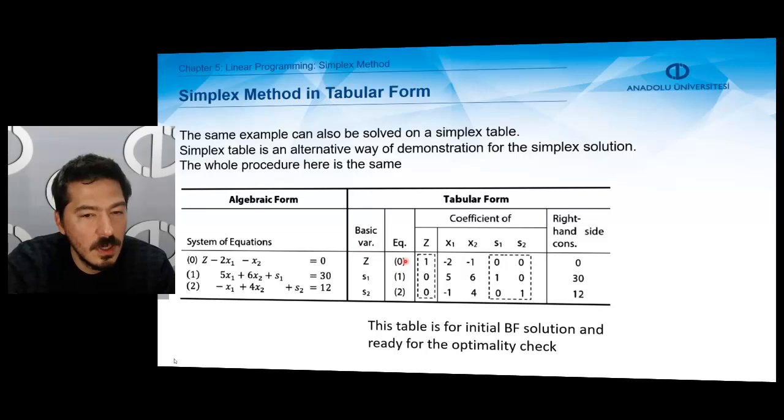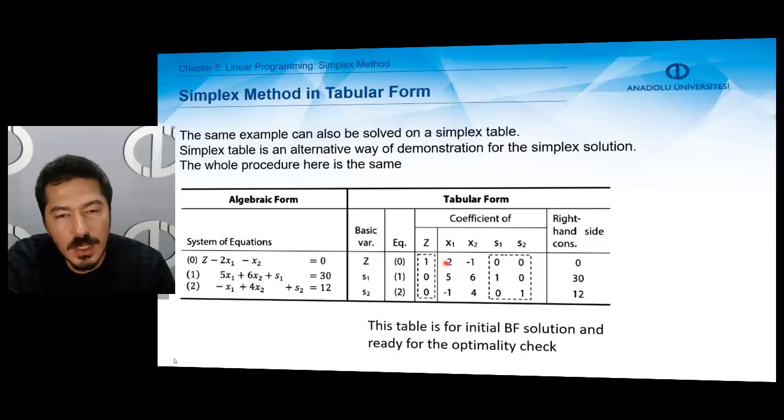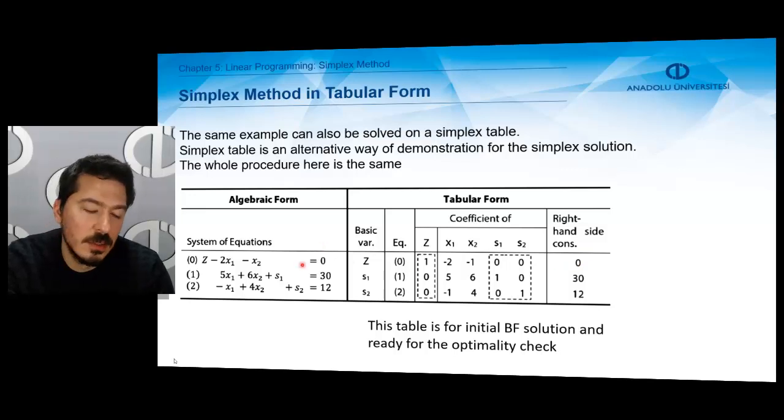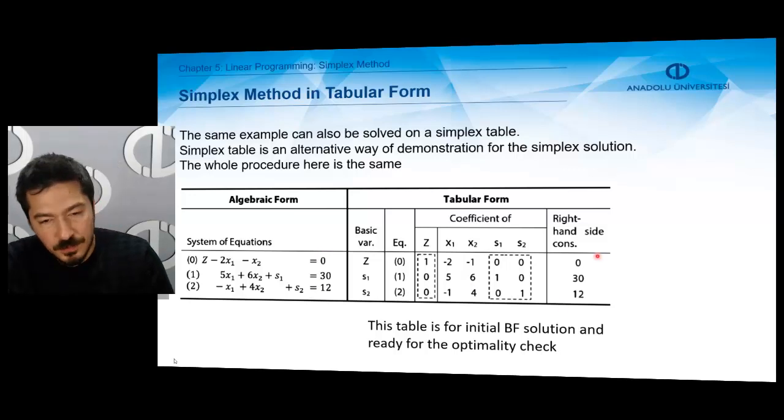The second column is for numbers of the equalities. The remaining are for the coefficients of the variables in the system of equations. And the rightmost column is for the right-hand side constants of the system of equations.